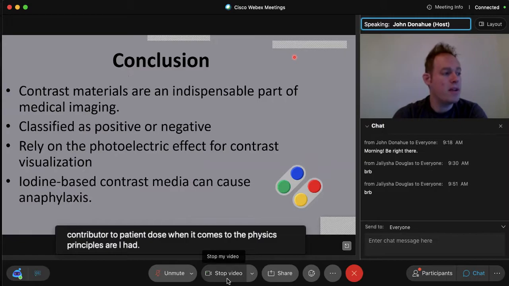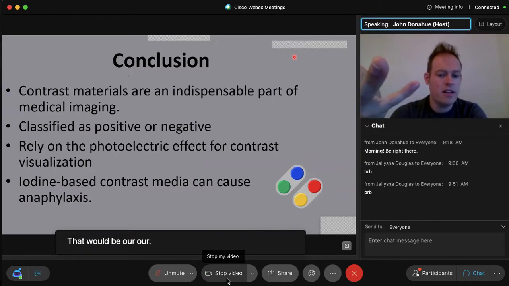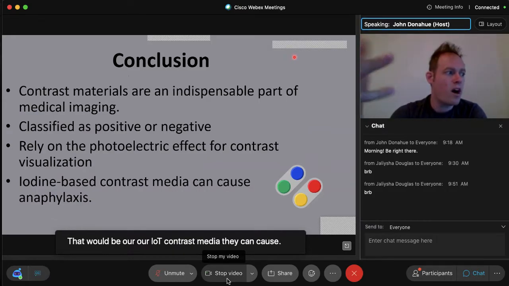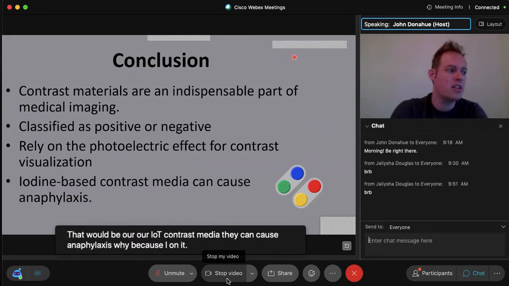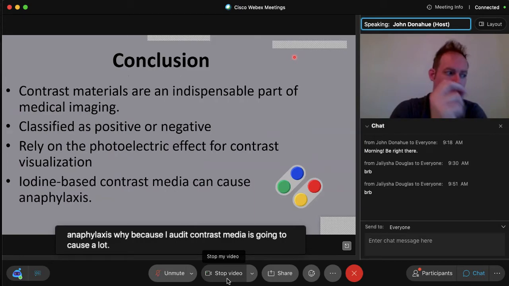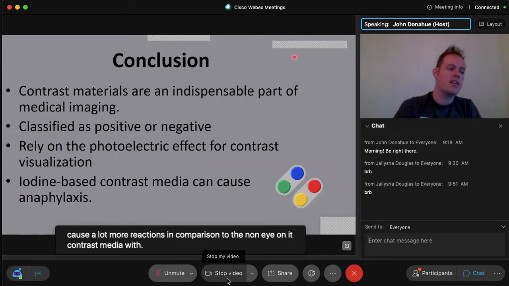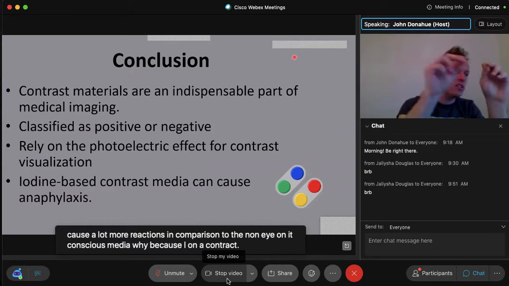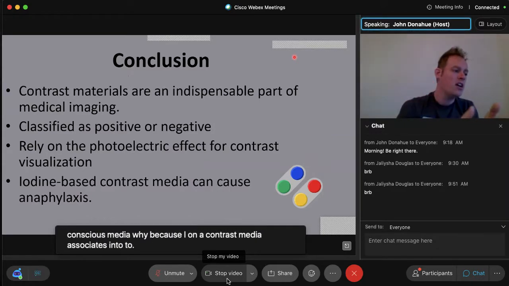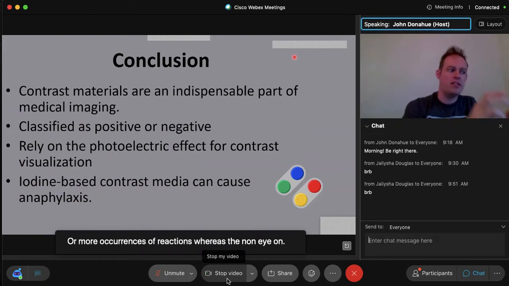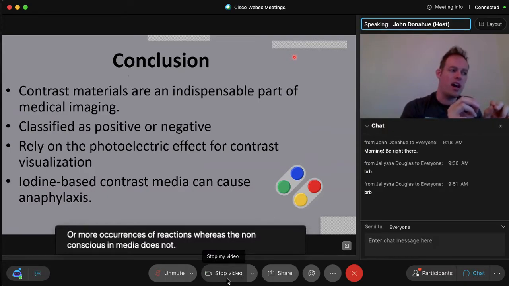Our iodine contrast media, that would be our ionic contrast media, can cause anaphylaxis. Why? Because ionic contrast media is going to cause a lot more reactions in comparison to the non-ionic contrast media. Why? Because ionic contrast media dissociates into two ions. That causes more occurrences of reactions, whereas the non-ionic contrast media does not dissociate into ions.